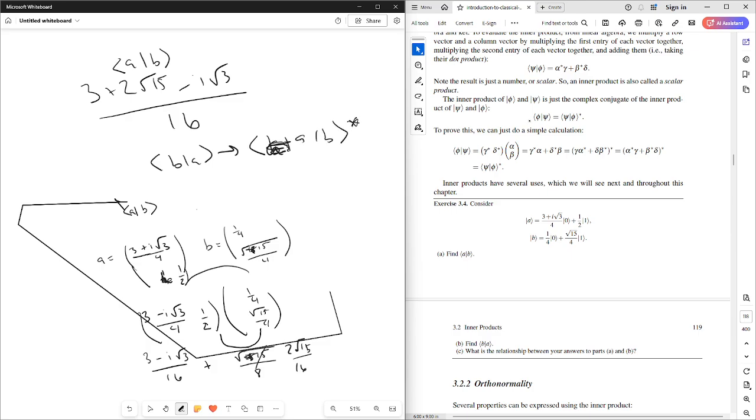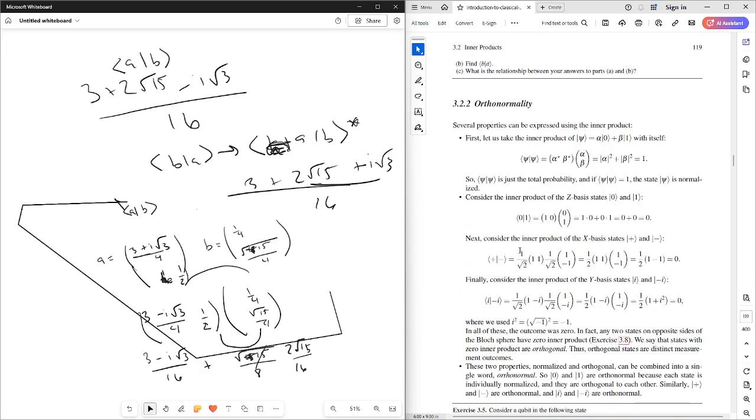So we look at that: 3 plus 2 square roots of 15 plus i square root of 3 over 16. Double checking here. Correct. So what is the relationship between your answers to part A and part B? They are each other's complex conjugate.